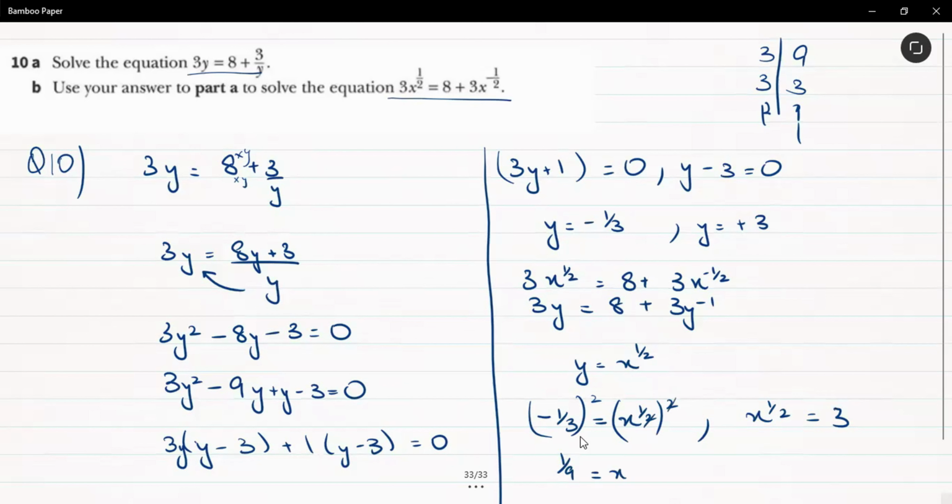For the second value, we get x is equal to 3 squared. Sorry, I don't know why I said two values, but we are going to get two values because if we square it, we get this, and x is equal to 9. So that's it. This is question number 10, part B, in which we get the values 1 over 9 and positive 9.